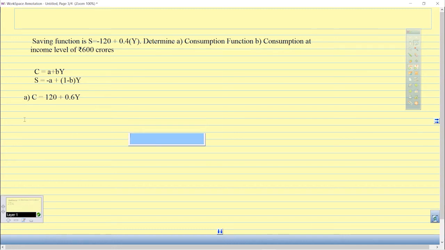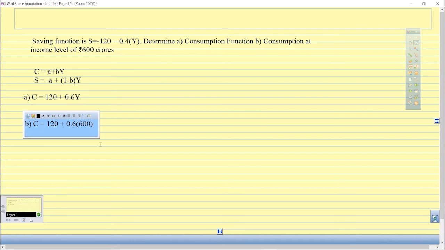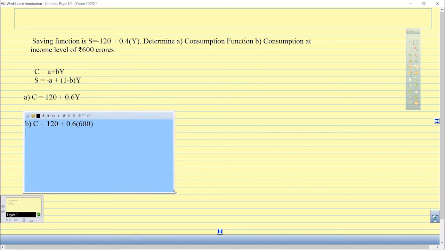And part B is to find out the consumption when income is 600 crores. So C is equal to 120 plus 0.6 into 600 crores. Crores we will write in the final answer.